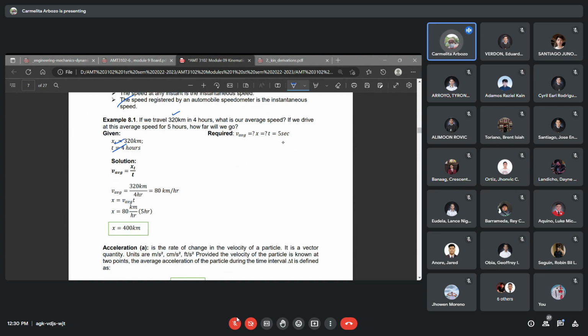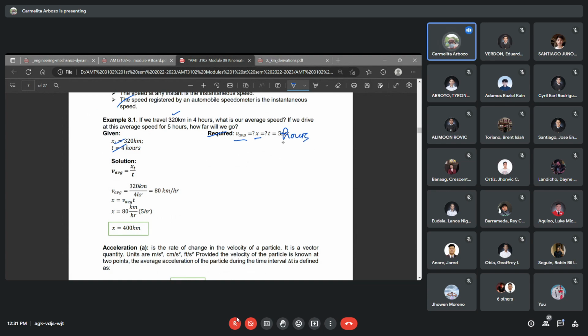Dito wala tayong conversion kasi hindi naman sinabi na i-convert natin yan or we will determine the average speed in terms of meter per second. So, ito yung required average speed. Ano yung distance traveled at 5 hours?